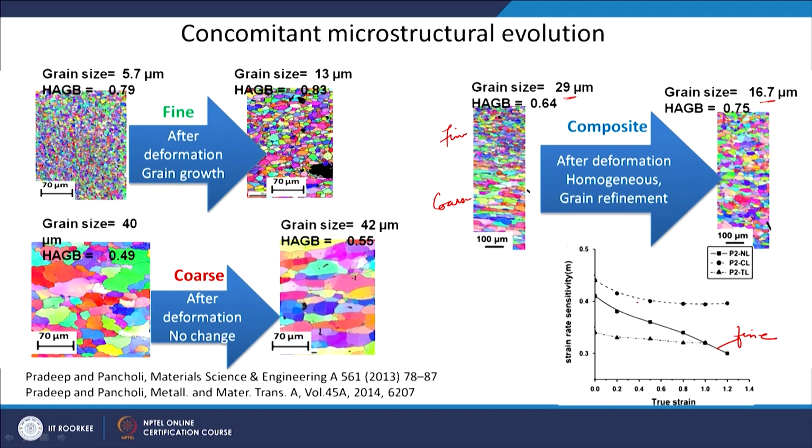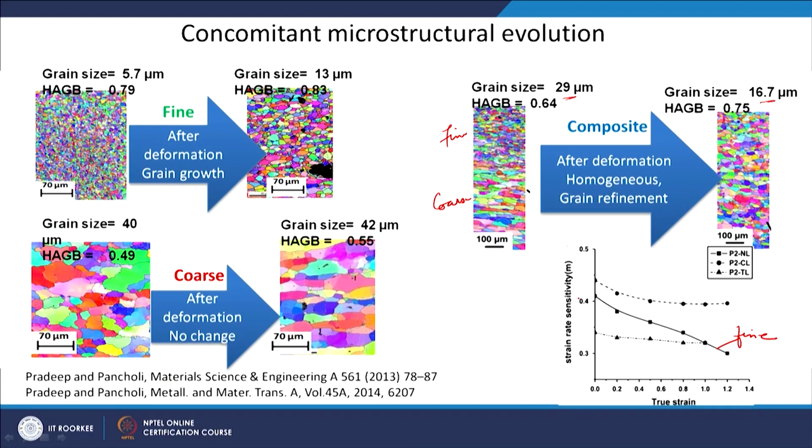Whereas, in the composite, if you see, okay, the strain rate sensitivity remains continuously high, more than 0.4. Okay. And the reason for this continuously high M is because you are continuously feeding the material with fine grain size microstructure, you are continuously refining the microstructure through the CDRX process, and that is what is helping M to remain high during the whole deformation process. Okay.